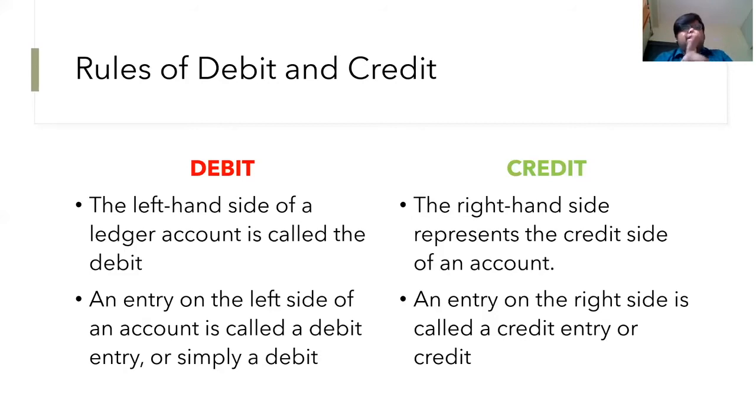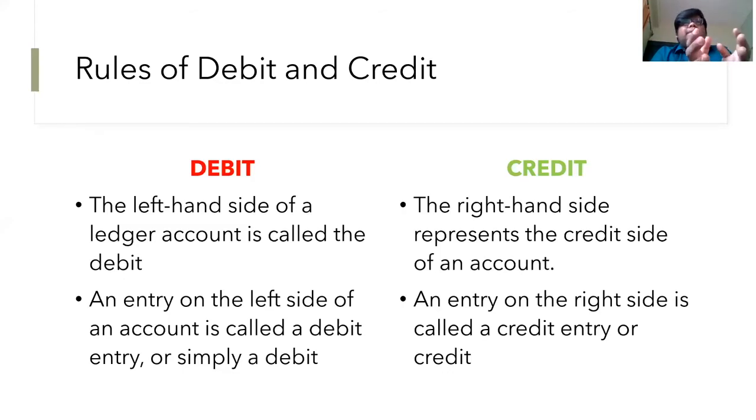So first of all, I'll tell you about the debit and credit rules for an asset account. So assets are recorded on the debit side of the account. Any increase to an asset is recorded on the debit side, and any decrease is recorded on the credit side of the account.